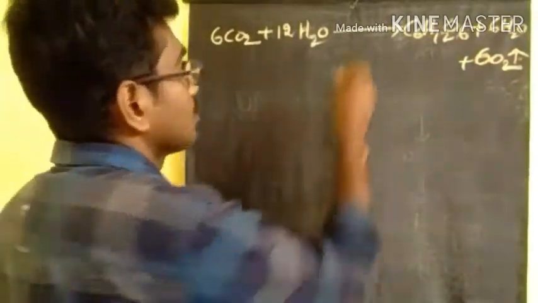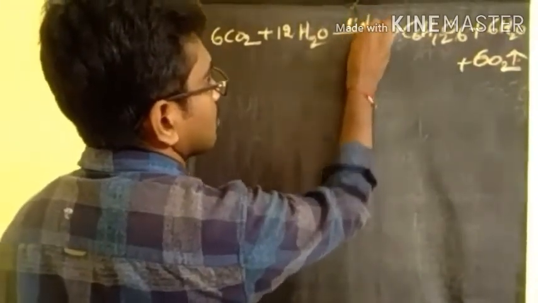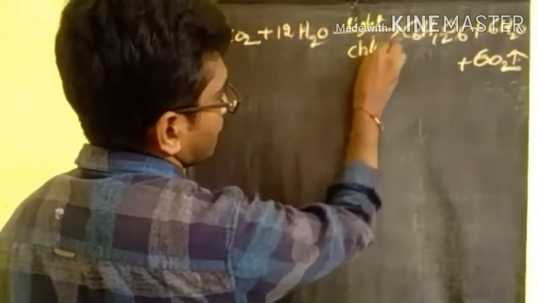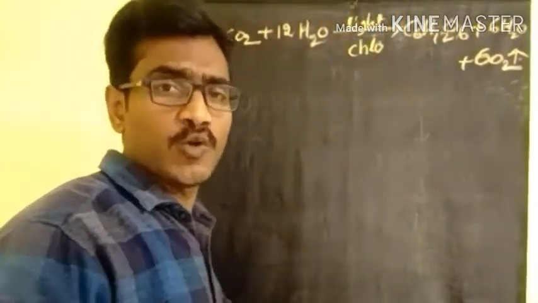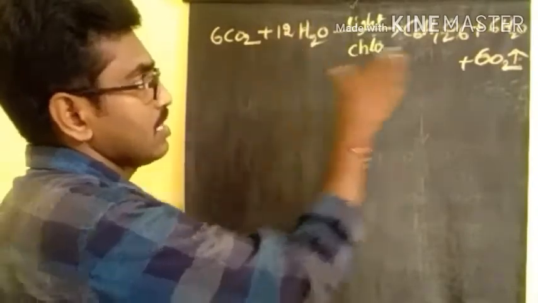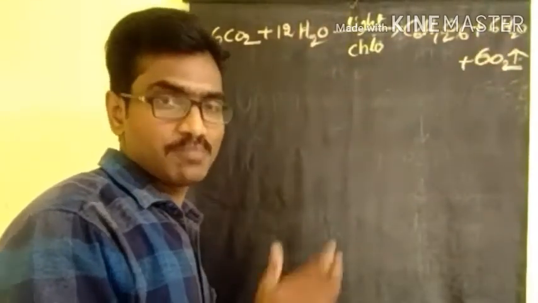Here we will write light and chlorophyll, light and chlorophyll. So these are the reactants and these are the end products.